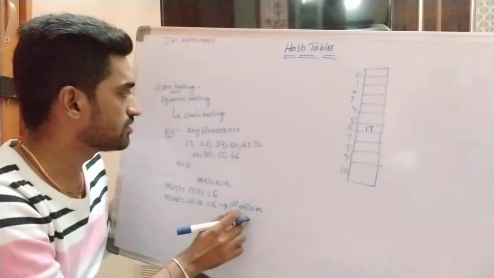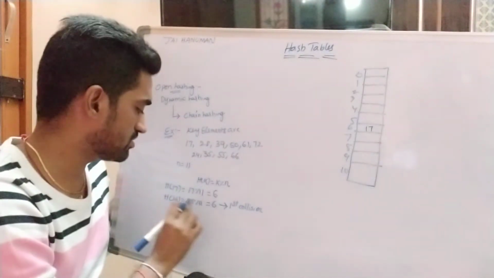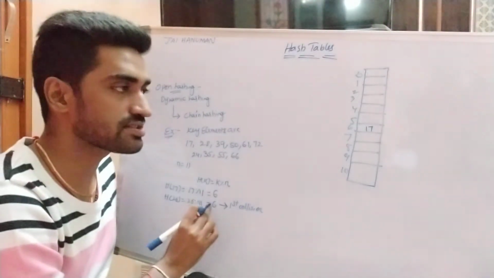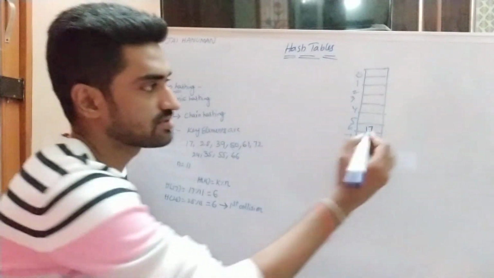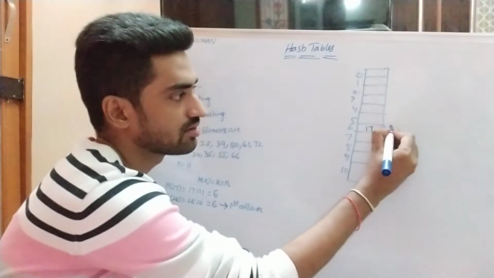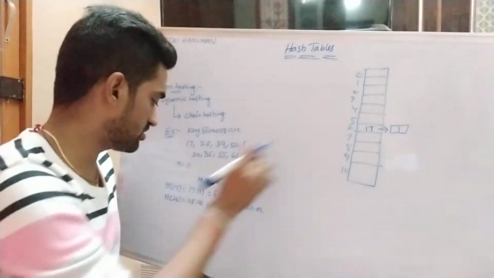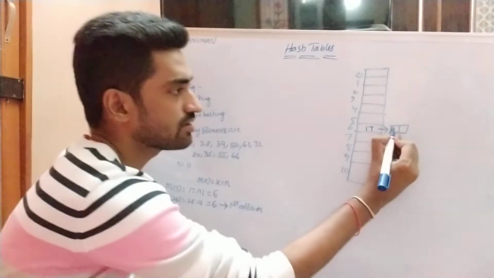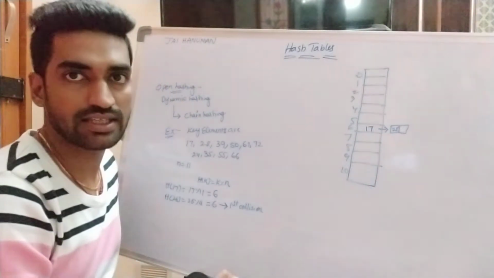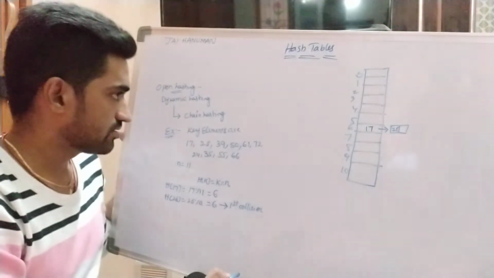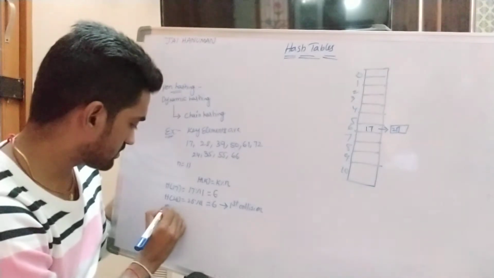So simply by using chain hashing mechanism, this key element can be represented with the help of a linked list. Simply here I am writing a linked list. So what is the first node in the linked list? 28, right?